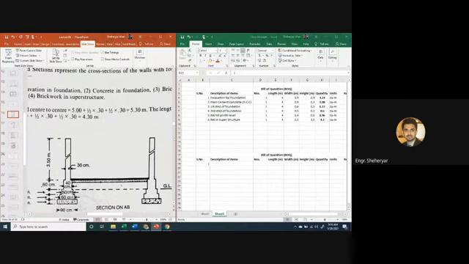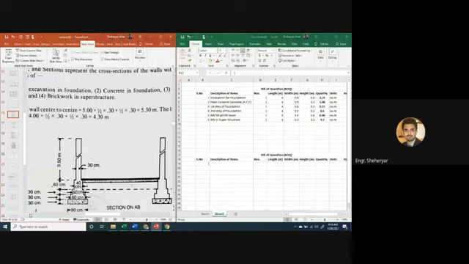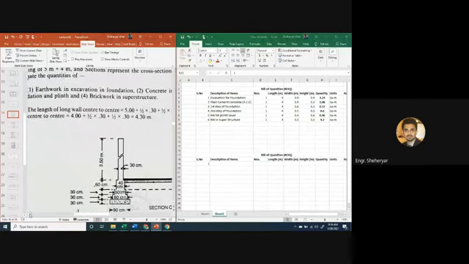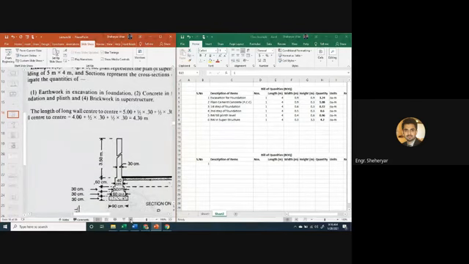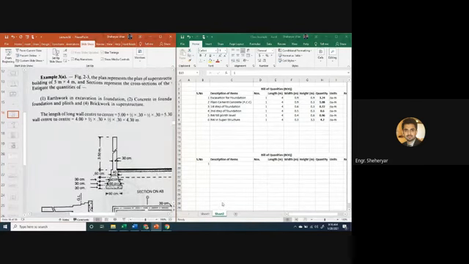This is excavation, earthwork in the foundation, sorry. So both are the same. Earthwork in foundation.